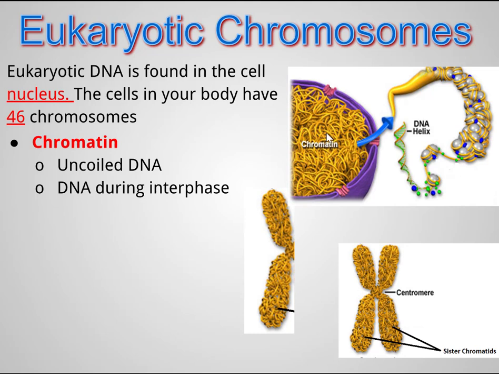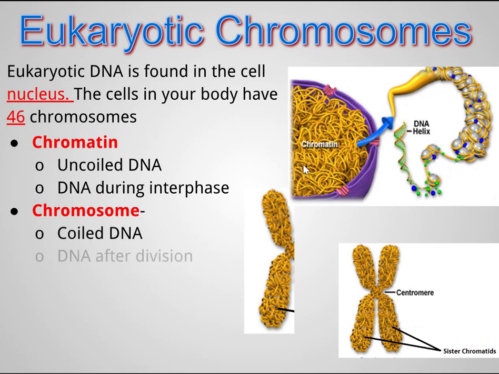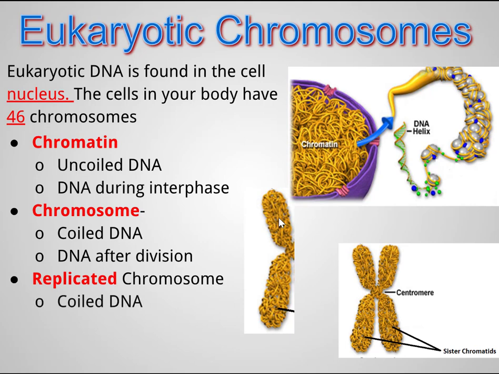Now, our DNA can be found in this form during interphase. Interphase is going to be one of those first phases of mitosis, of cell division. And with interphase, the DNA is still relaxed here. It's making a copy of itself, but it's still being very relaxed. The next form is going to be a chromosome. This is coiled DNA. And this is how DNA looks after division. So after it starts to divide, the replicated chromosome is what we see here.